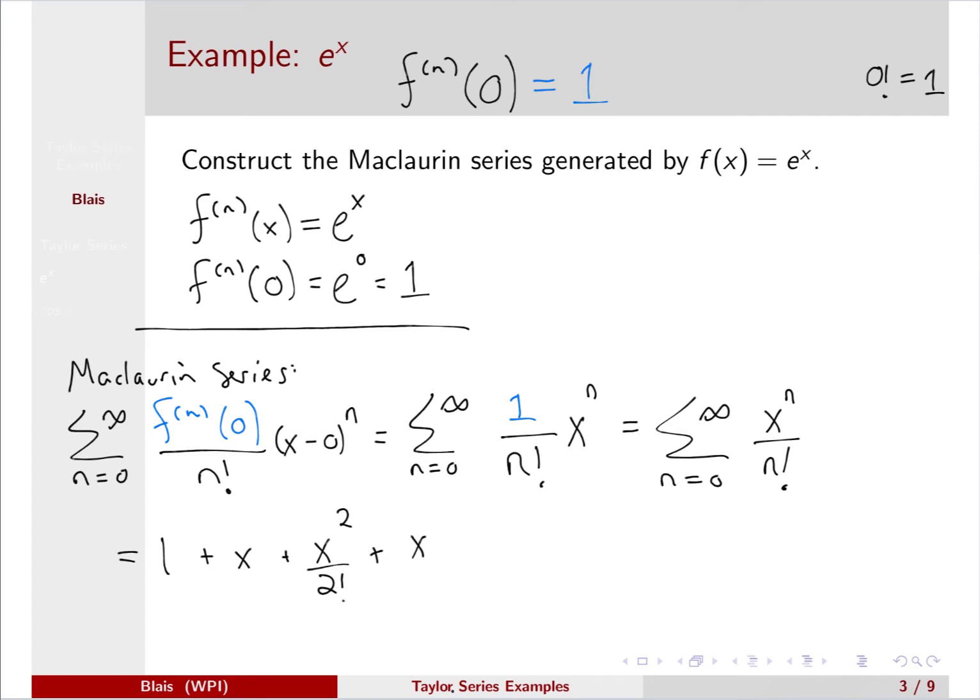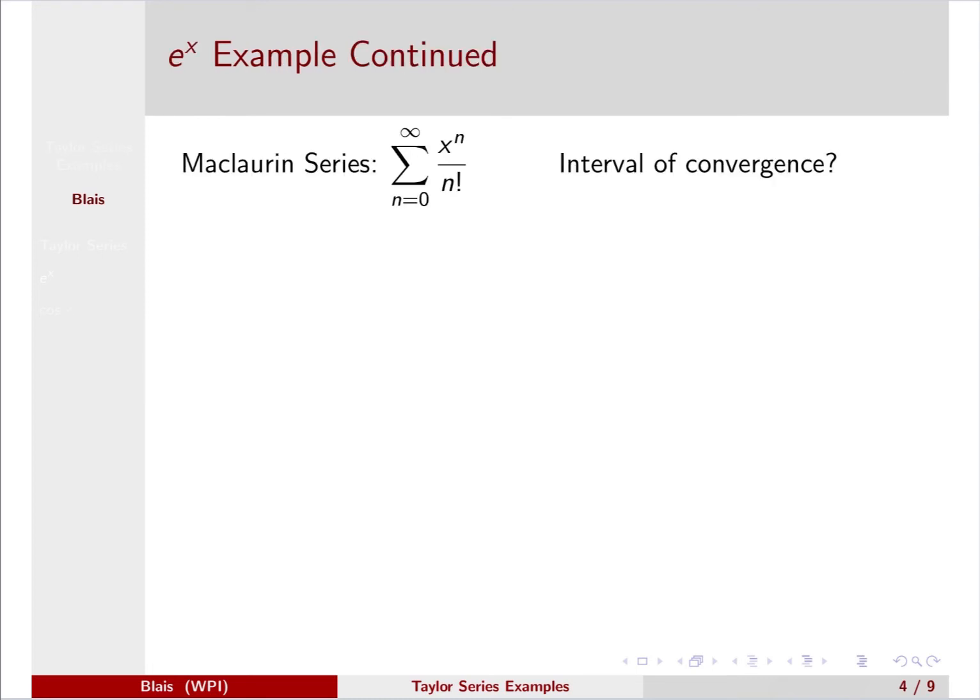When n is 3, we get x cubed over 3 factorial, and then x to the 4th over 4 factorial, plus so on and so forth. So if we can write e to the x as a power series for an interval centered at 0, this is it. So this is our Maclaurin series for e to the x.